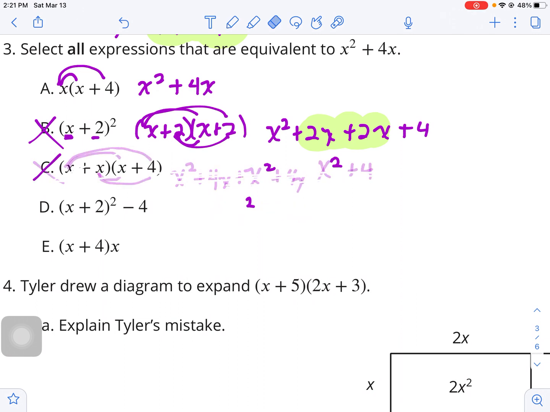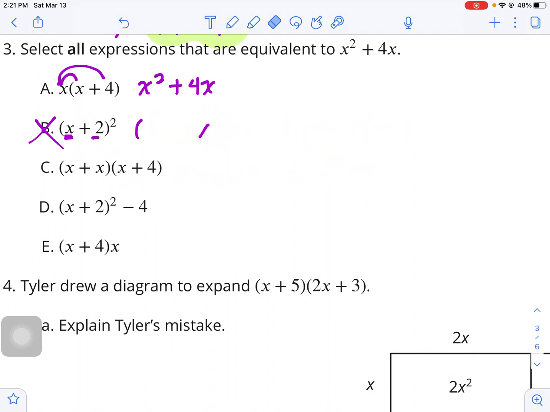The next one, let me get rid of some of this so I can use this space over here. So far we just have letter A. The next one, though, shoot, I should have left this.